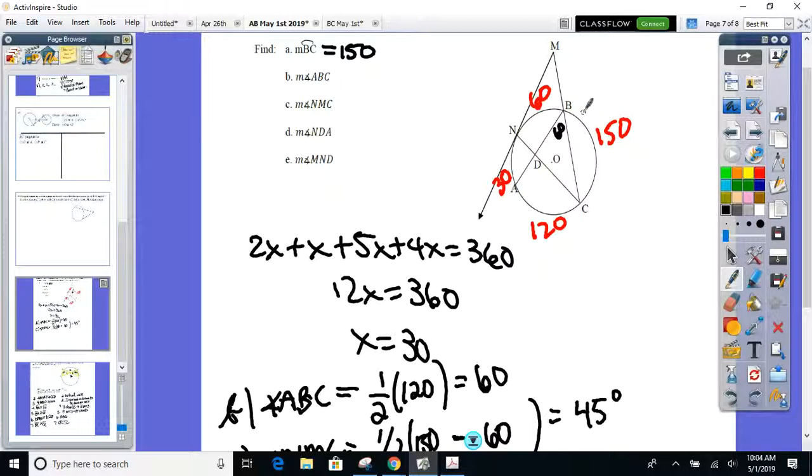What is MN? And what's ND or NC? A tangent and a chord. We have a rule: half the arc in between. Do you see the arc that's in between angle MNC? What did you add up? 60 plus 150. Everyone see that? If I highlight it real quick, you see how 60 and 150 are in between? So you are going to take half of 210. What do you got for me? 105.